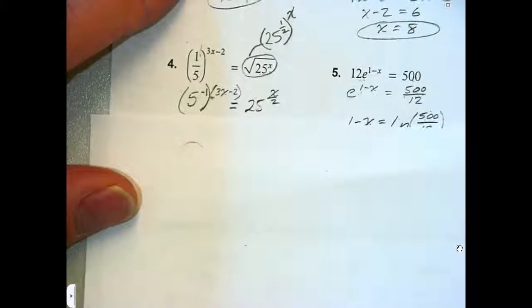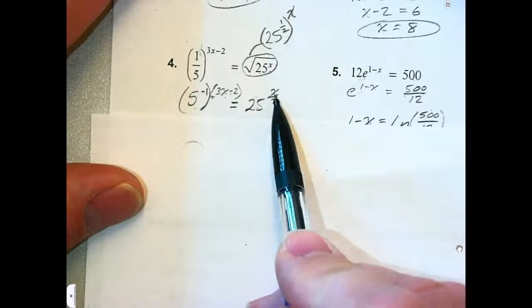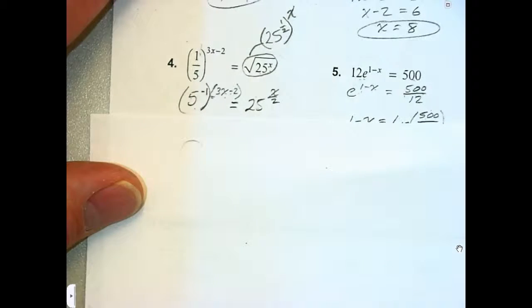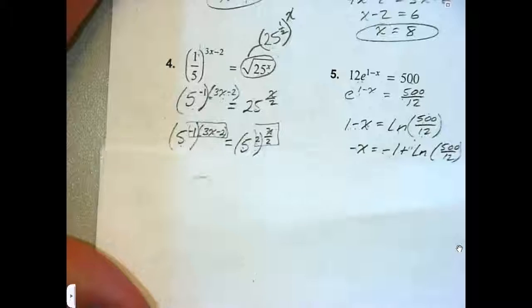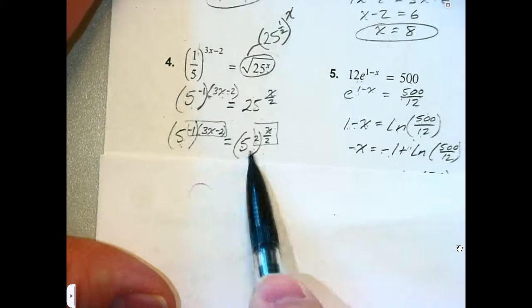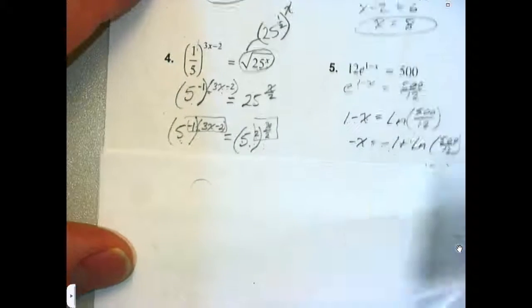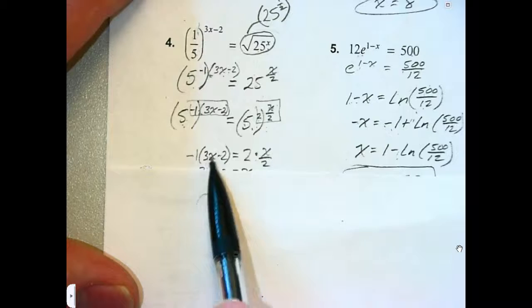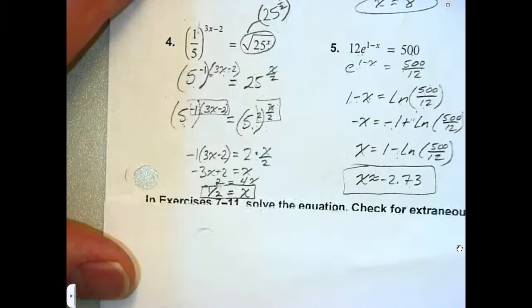And so when I rewrite it, 5 to the negative first, 3x minus 2, and 25 to the x over 2, so combine these, that's just x over 2. And 25 is actually 5 squared. And so now you've made the same base. By making the same base, you set them equal. And you set your powers equal and solve, you get x is 1/2.